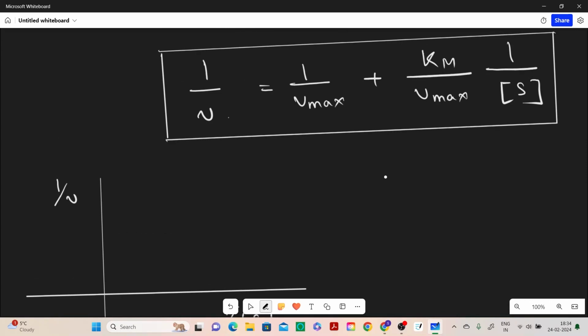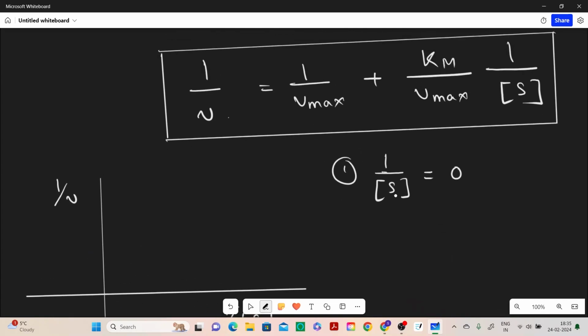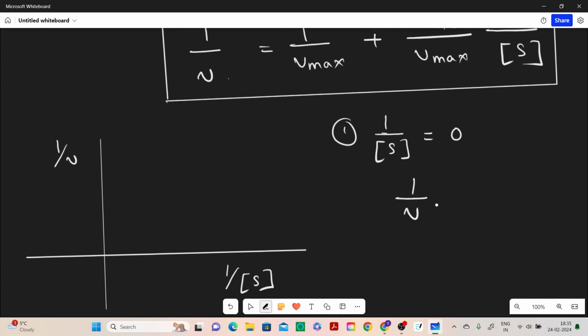So when 1 by S is equal to 0, then V is equal to Vmax, right? Or I would say 1 by V is equal to 1 by Vmax from this equation. So suppose this is somewhere here, so this is 1 by Vmax.